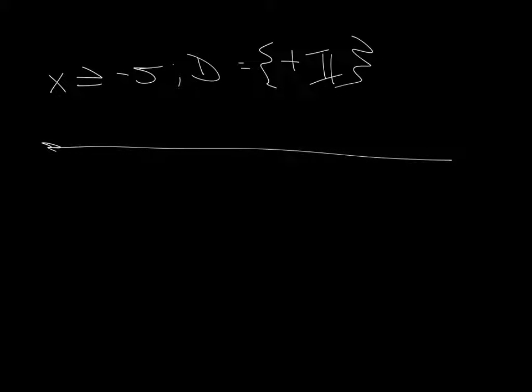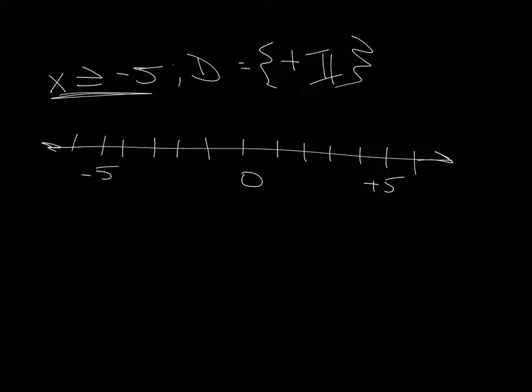Okay, do my graph here, and 0, 1, 2, 3, 4, 5, 6, so there's -5 and there's +5. Okay, it says that x is greater than or equal to -5. So it includes -5, so it's going to be solid. And it says x is bigger than, so it's going to go this way, because that's the bigger than direction.